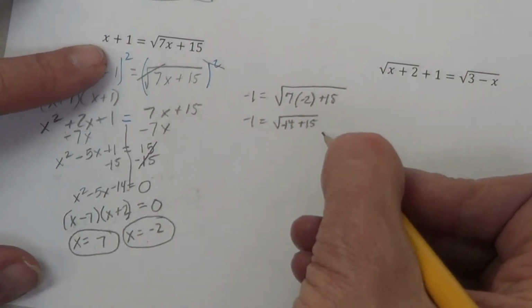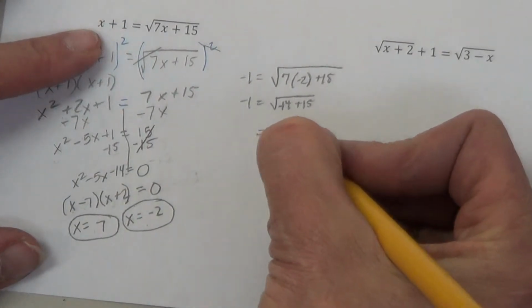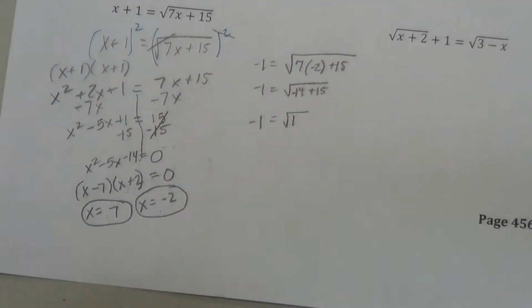Negative 14 plus 15 would be 1. The square root of 1 is negative 1. That doesn't really work. Okay. It is one of the options. Negative 1 times negative 1 is 1, but not our favored.